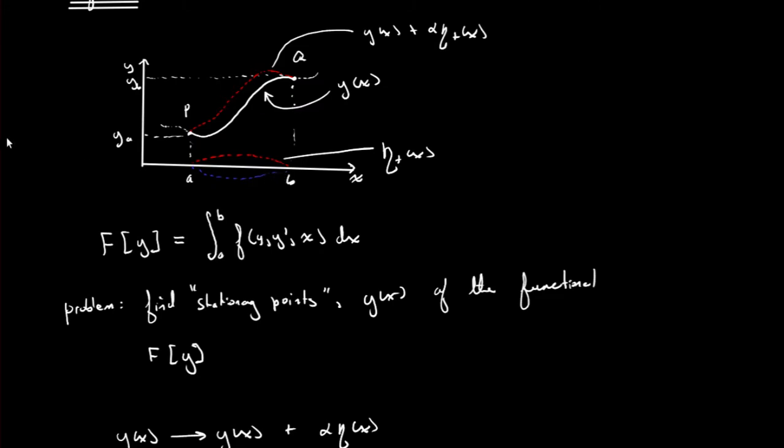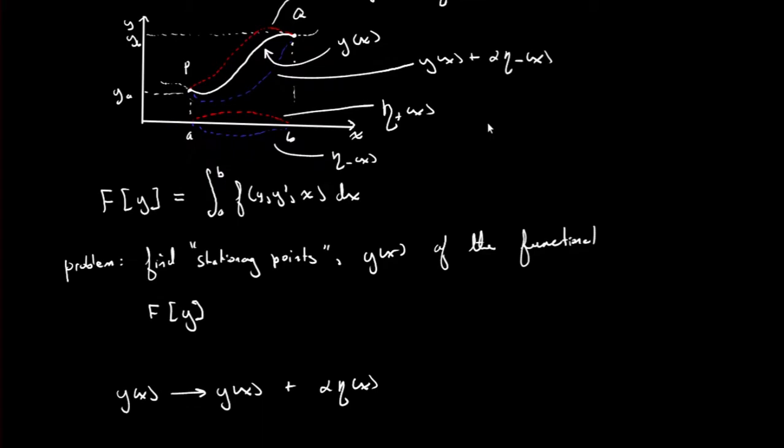So it could be negative, and I'm going to call this one eta minus of x. And then we're going to draw in y of x plus alpha eta minus of x.